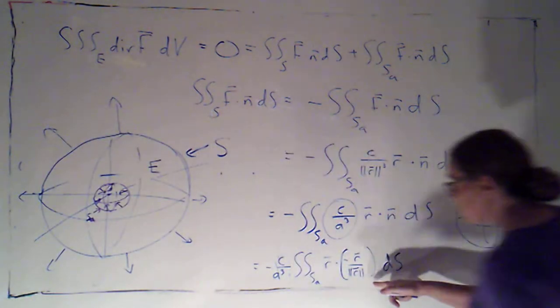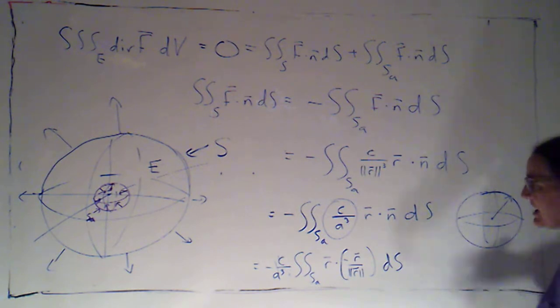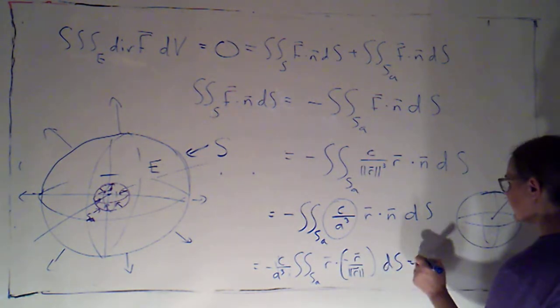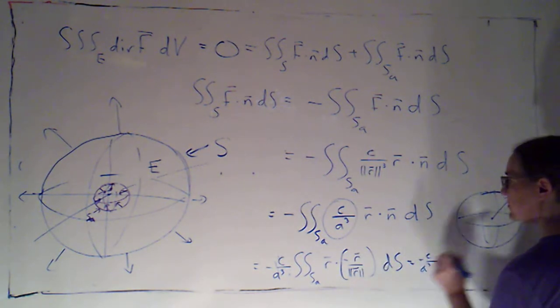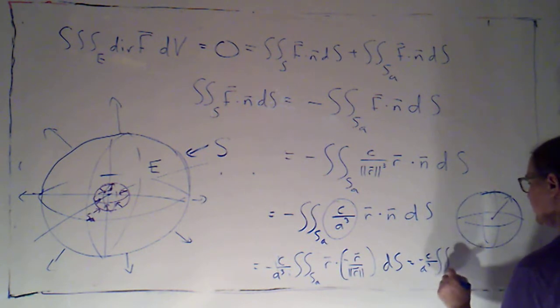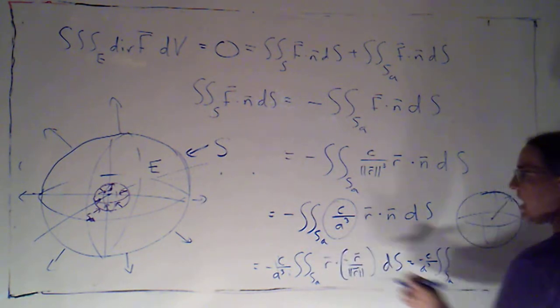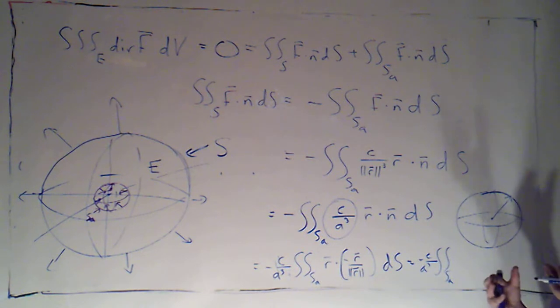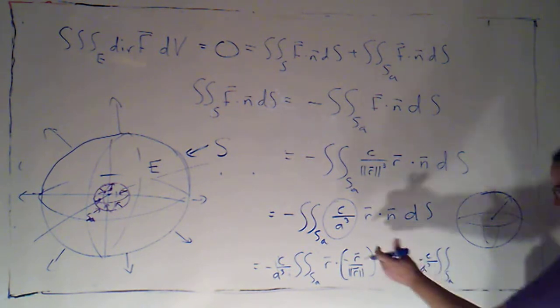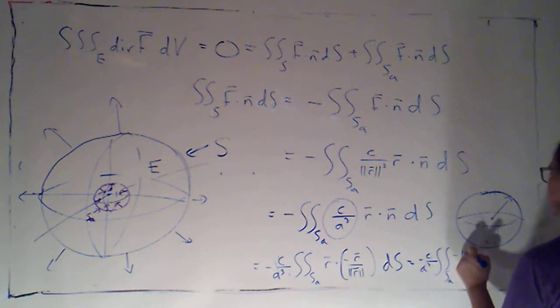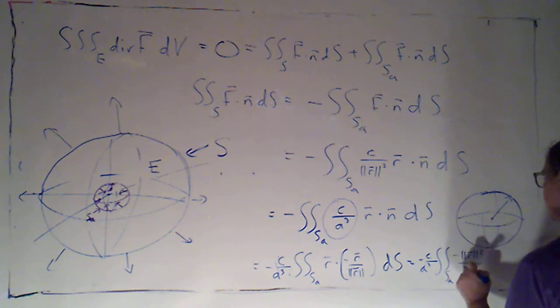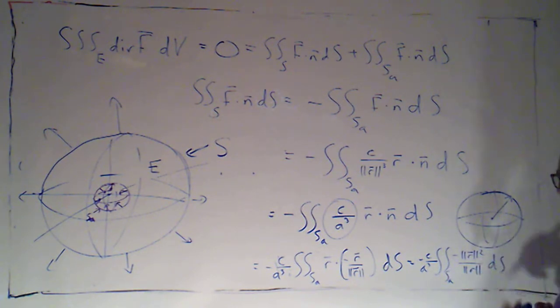So that's super, super nice, because now I can say that's negative C over A cubed, double integral over S sub A. R dotted with R is just the magnitude of R squared. There's a negative sign there, so I'm getting negative magnitude of R squared over the magnitude of R dS.